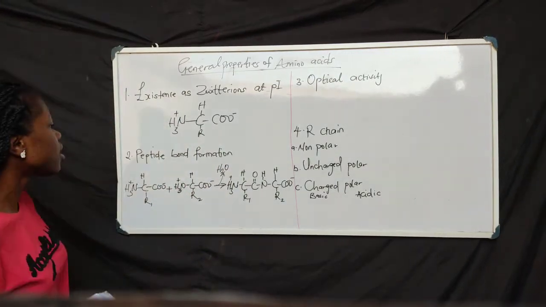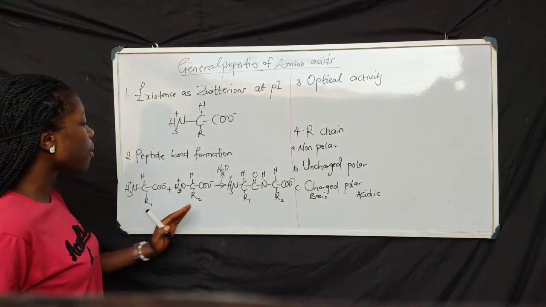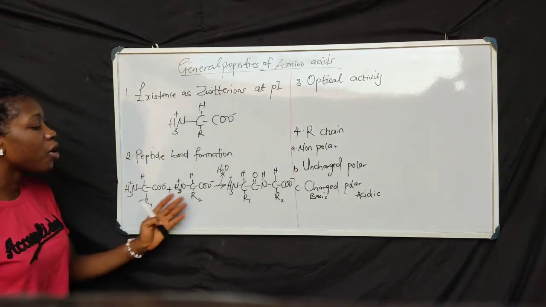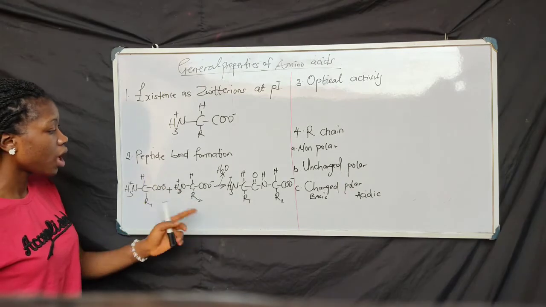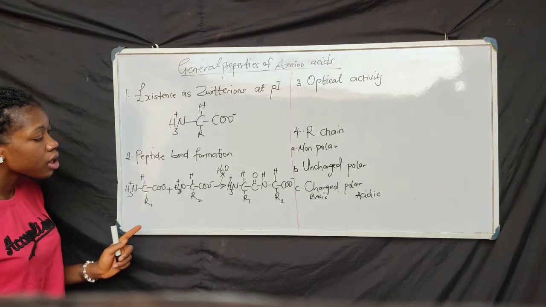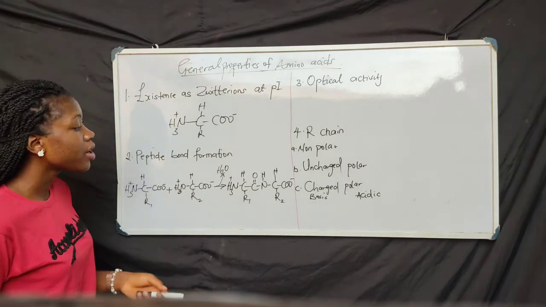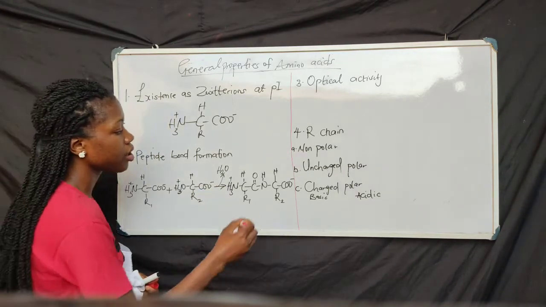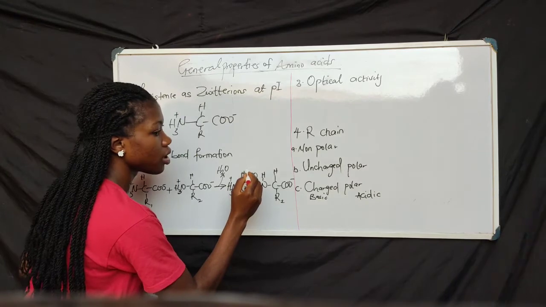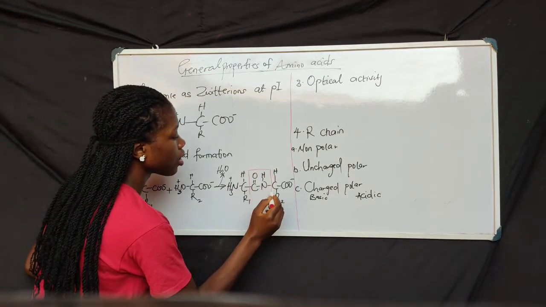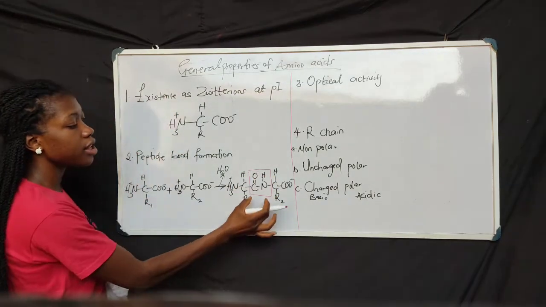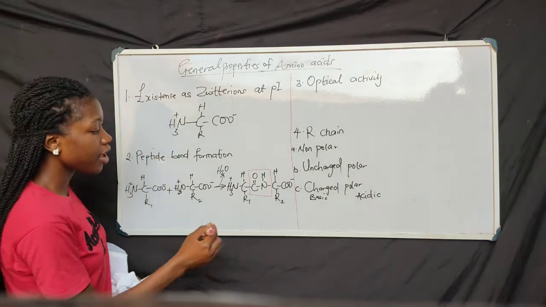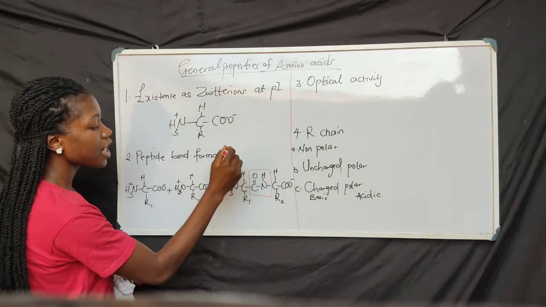Remember I said amino acids form peptide bonds. Two amino acids can form a peptide bond, and this is a condensation reaction, and a molecule of water is given off. This is a peptide bond, and like I said, a molecule of water is given off.